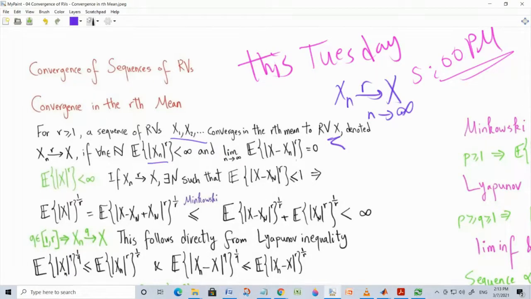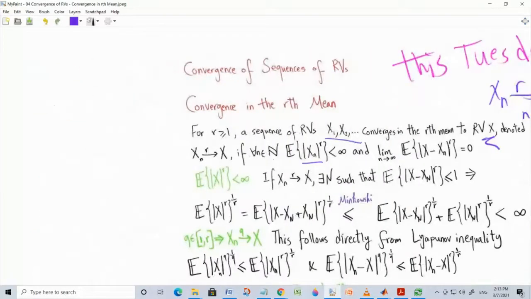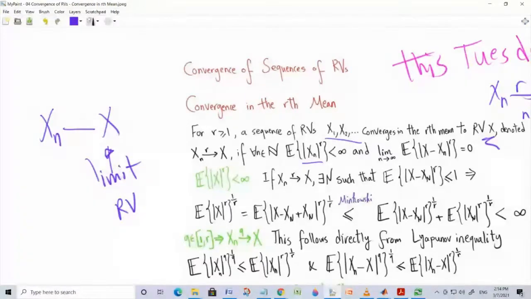And more importantly, it must be the case that if you take Xn minus X, the limit random variable, the difference, and take its magnitude to the power r, that's sort of a distance.